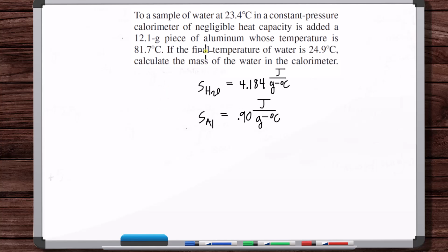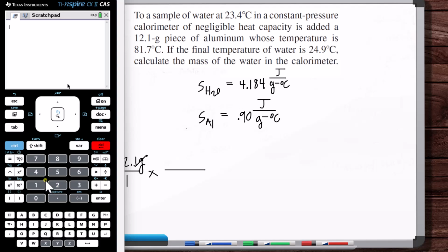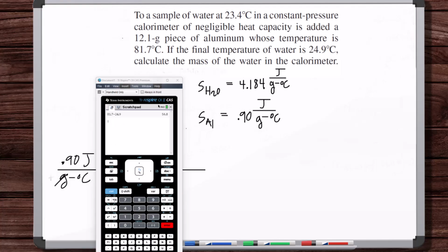So let's get the heat transferred from the aluminum. We've got 0.90 joules per gram degree Celsius. You have 12.1 grams of aluminum. Now we need a delta T. It goes from 81.7 to 24.9. So 81.7 minus 24.9 is 56.8.